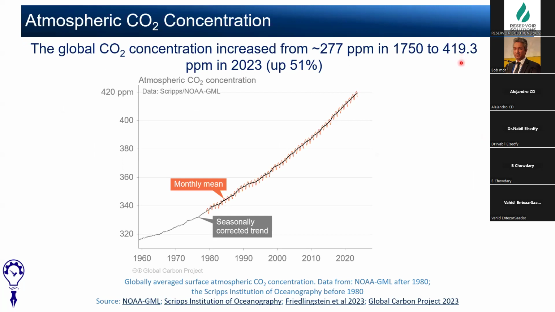It means that it has increased by 71%. From this figure, as you can see, in 1960, the CO2 concentration in the atmosphere was just about 318 ppm, but in year 2023, it has increased to 419.